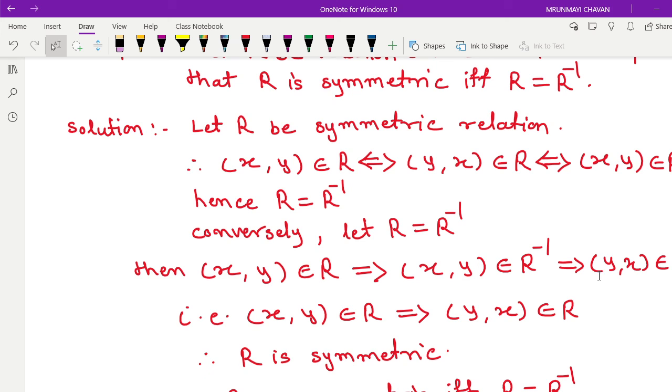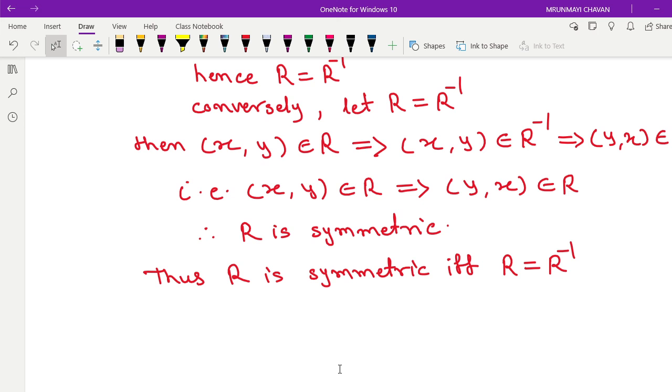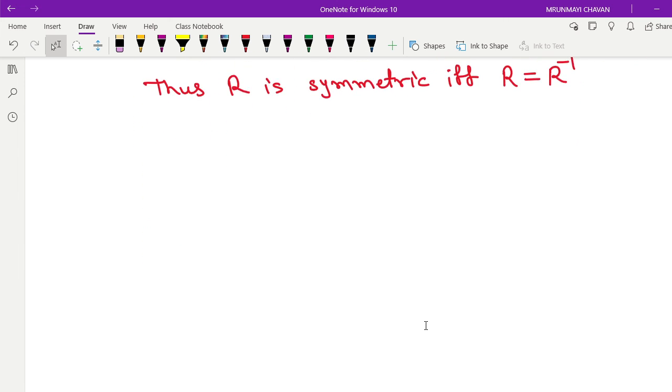This implies that (y, x) belongs to R. Thus, (x, y) belongs to R implies that (y, x) belongs to R. Therefore, R is symmetric. Thus, R is symmetric if and only if R is equal to R inverse.